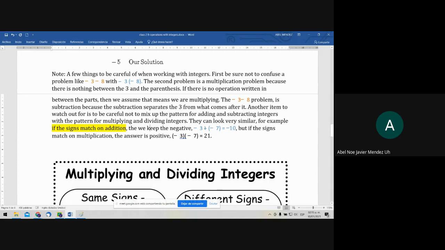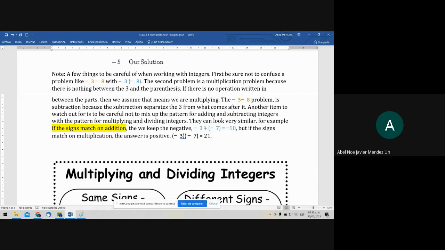It is the first case: we have two numbers and the signs match, so we just add and keep the sign.